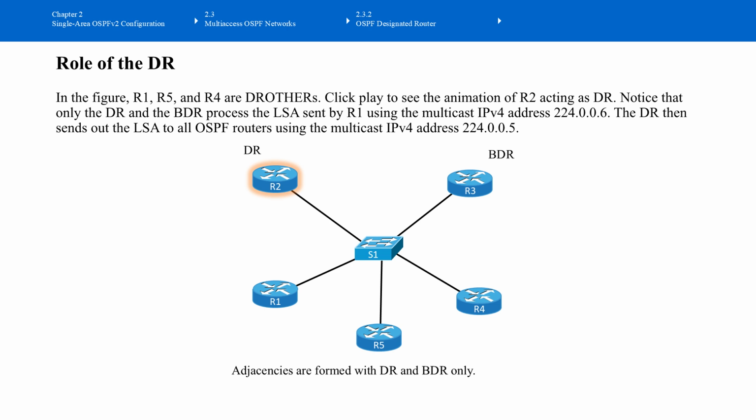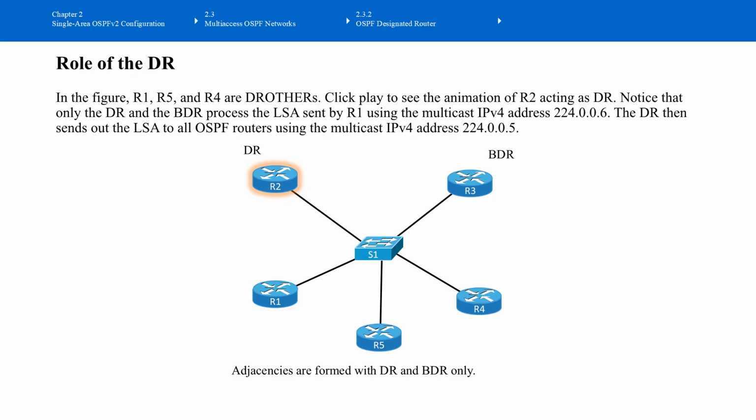Here we have 5 routers connected to the same Ethernet network. R2, the DR, is the main router. R3 is the BDR, the backup for R2. R1, R4, R5 are DR others. Suppose R1 has a new LSA.